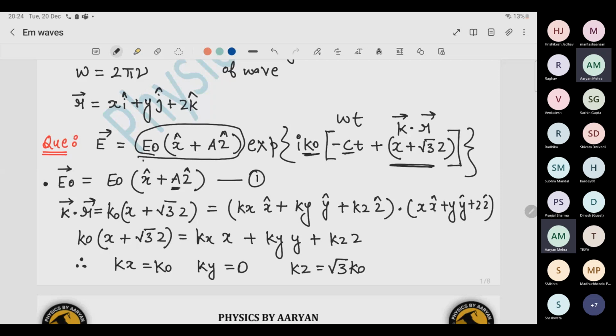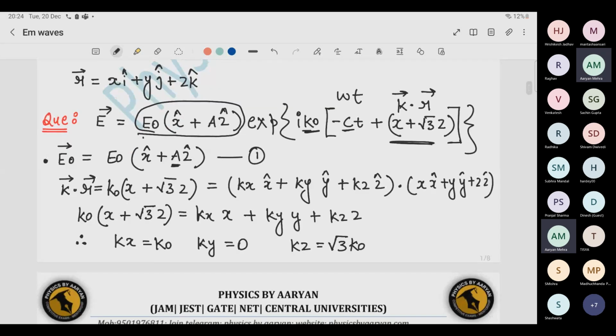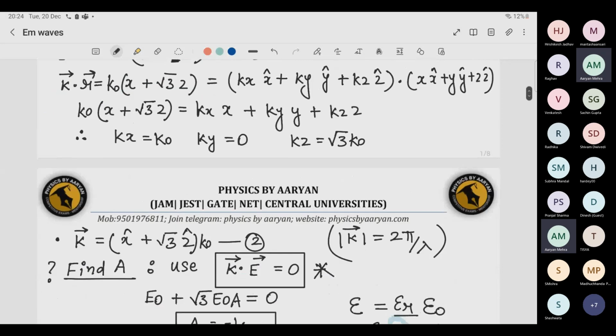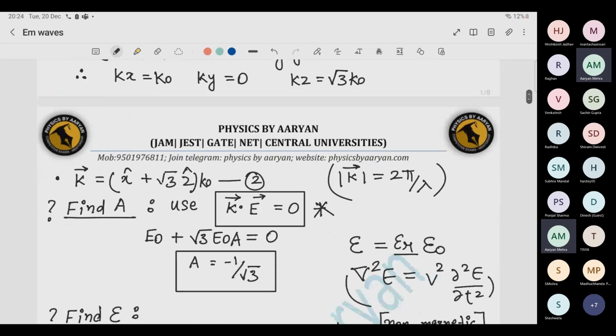So once we know the k, just by looking at the equation, we can actually find k and omega. So once we know k and omega, it is very easy to use the k dot E equation. We have to keep in mind that our k vector and E vector are perpendicular. So k dot E is 0. That's the number 2 thing which we learned.